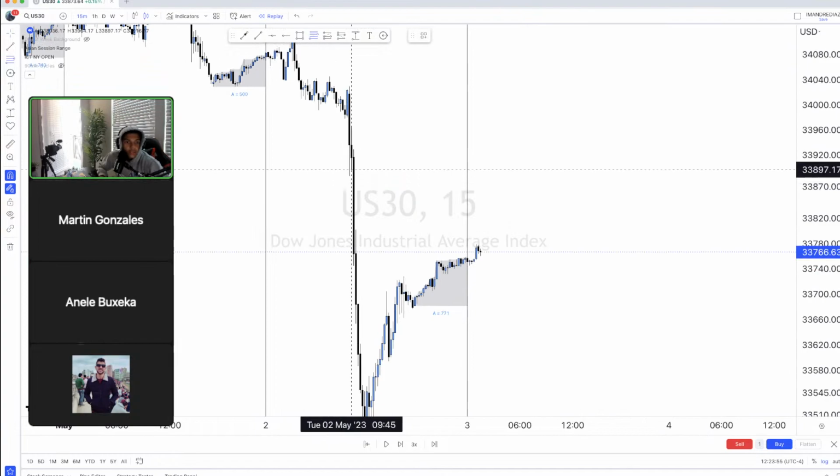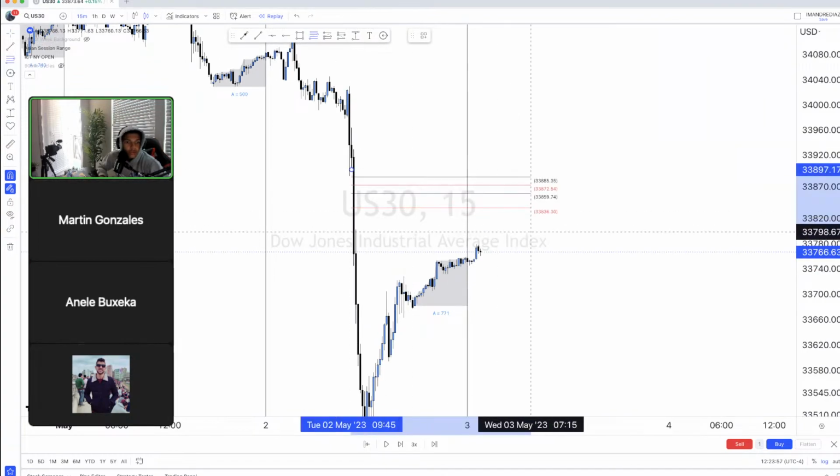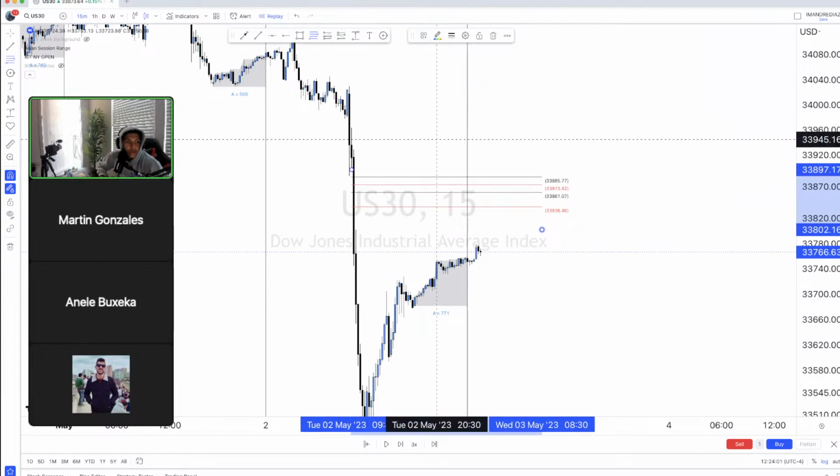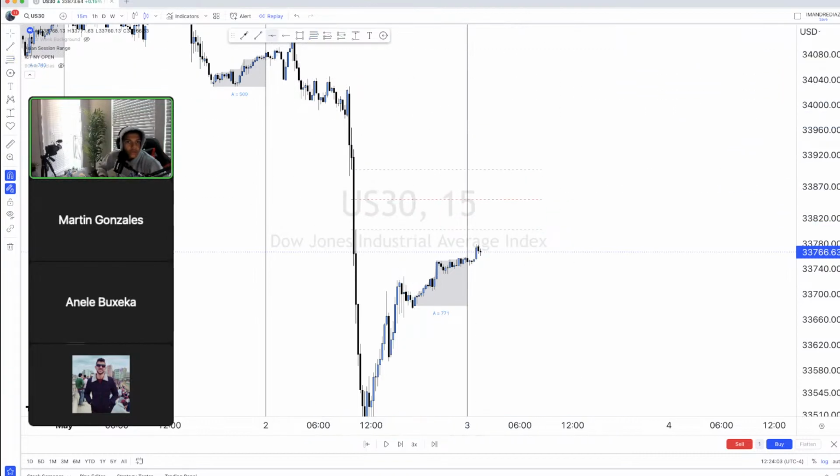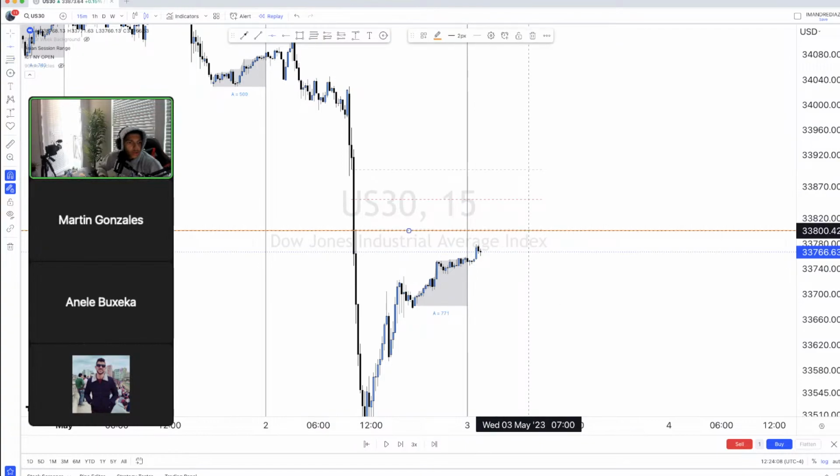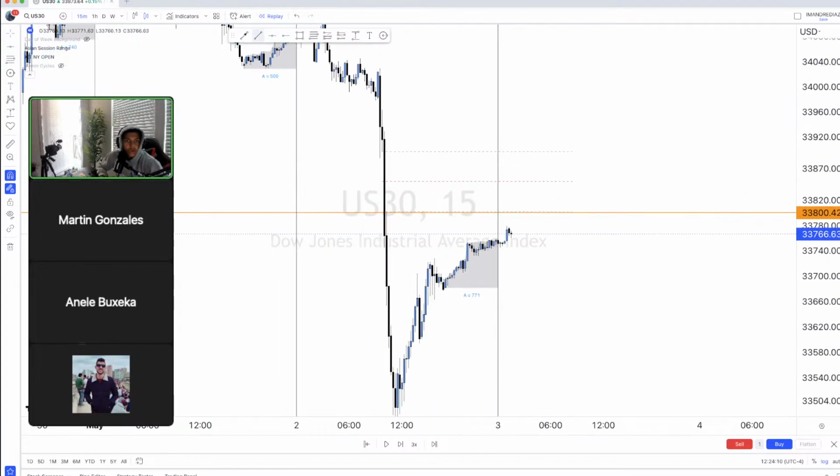All right, I see this 15-minute fair value gap right above here. That looks like price could potentially have a run into that area. You also have 33,800 right at that fair value gap. So that's more than likely going to be an area to watch for a short, potentially reaching for the Asian range low.